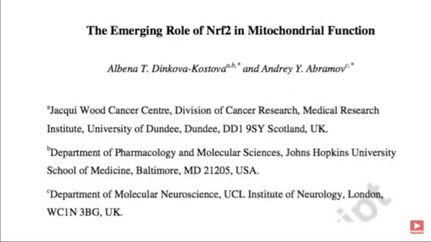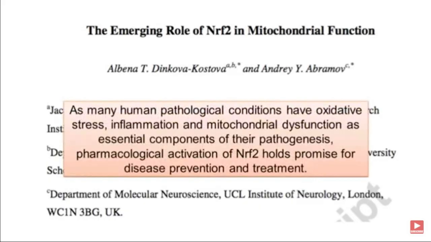Now, this is actually a PhD thesis that looked at the role of Nrf2 in mitochondrial function. And one of the conclusions was, as many human pathological conditions have oxidative stress, inflammation, and mitochondrial dysfunction as essential components of their pathogenesis, or their cause, activation of Nrf2 holds promise for disease prevention and treatment.